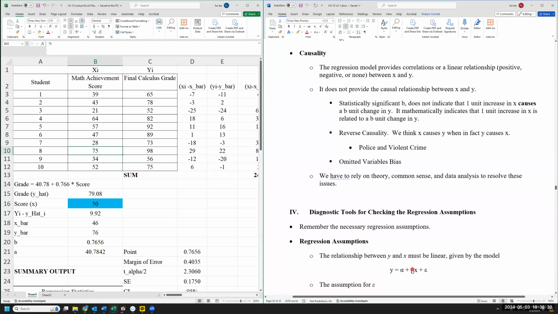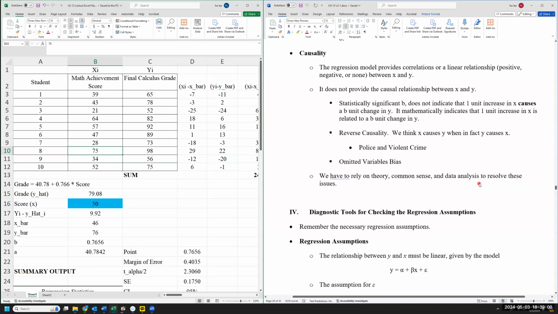But it doesn't say that if x goes up by 1 unit, it causes y to go up by b units. That's something we put into the math. And this idea of x causing y or y causing x is developed through our reliance on theories, common sense, and historical data analysis.